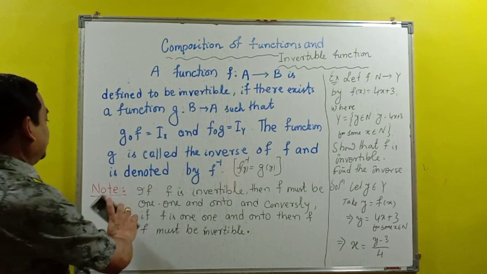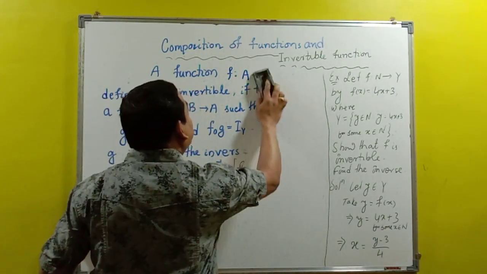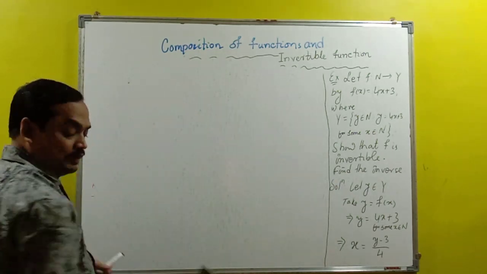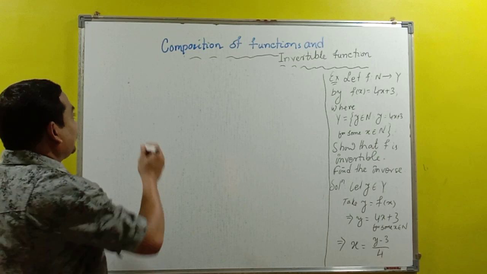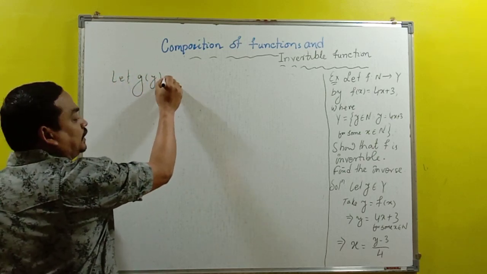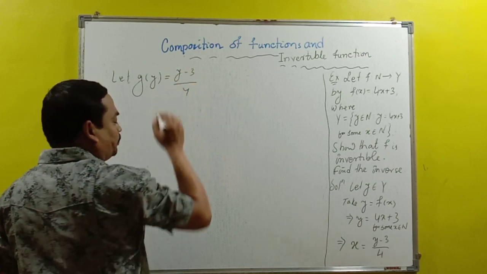Let this g of y be equal to (y minus 3)/4.